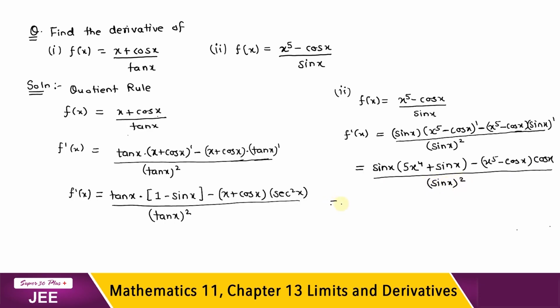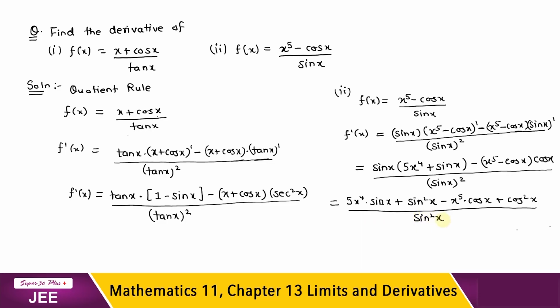So we can further write it down as 5x raised to the power 4 multiplied by sin x plus sin square x minus x raised to the power 5 into cos x plus cos square x, whole divided by sin square x.